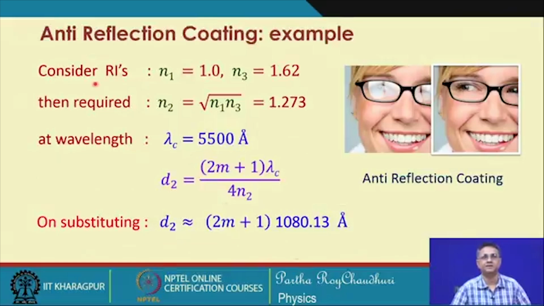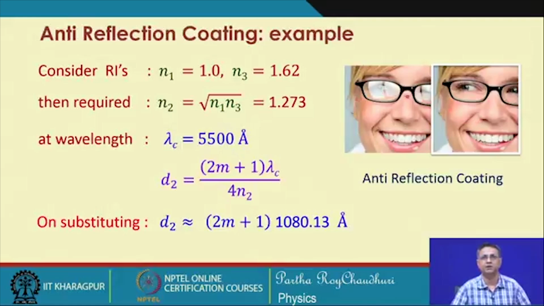Let us look at these values, for example, which are very practical numbers. N 1 for air it is 1, n 3 we choose as this, and n 2 equal to this. So, at a wavelength lambda equal to 5500 angstrom, the value of d 2, which is equal to an odd integral multiple of 1018 angstrom, we can make an anti reflection coating.